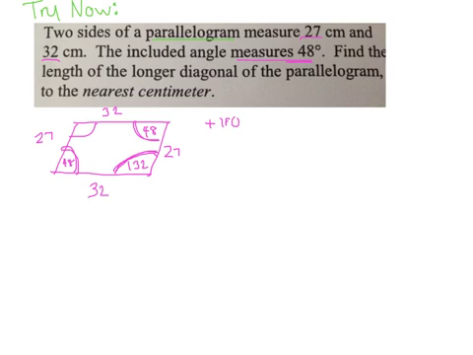So I want to find the length of the longer diagonal of the parallelogram. So looking at the diagonals, this diagonal would be longer than this diagonal. So I'm looking at just this triangle, which is 132, 32, and 27. And I want to find this side right here.